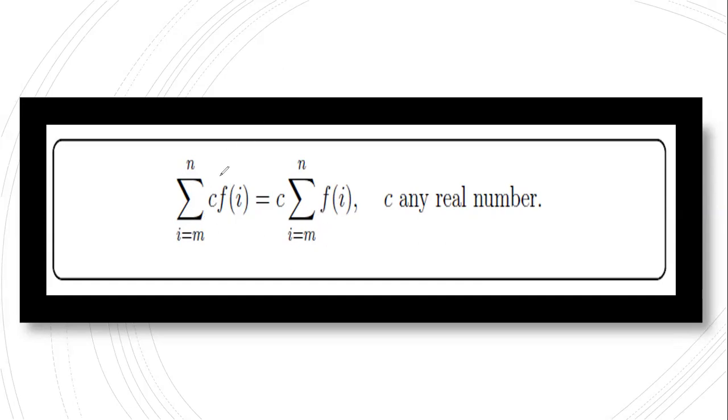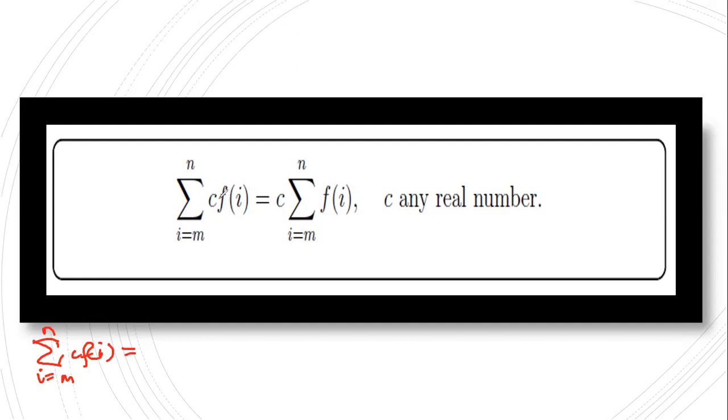Let us start from the left side. We will be proving it. We start from the left side and we will derive the right side. So we have the summation of c f of i, where i ranges from m until n.